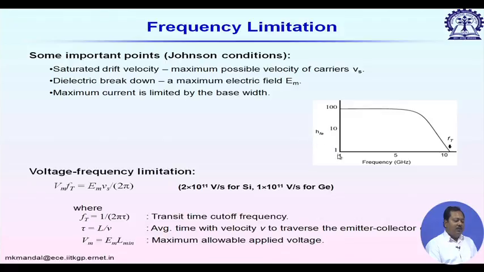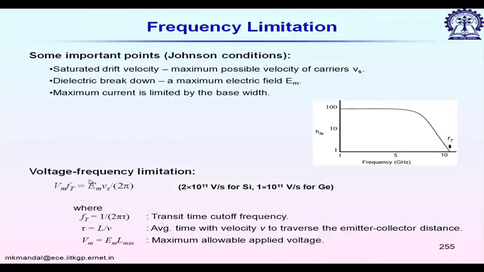Typically you see that at lower frequencies it is fairly constant, but at higher frequencies it decreases, and at some frequency the current gain becomes 1, or unity. We call that frequency Ft of the device. It mainly depends on the capacitance values. Now, let us see some parameters which determine its maximum frequency of operation.